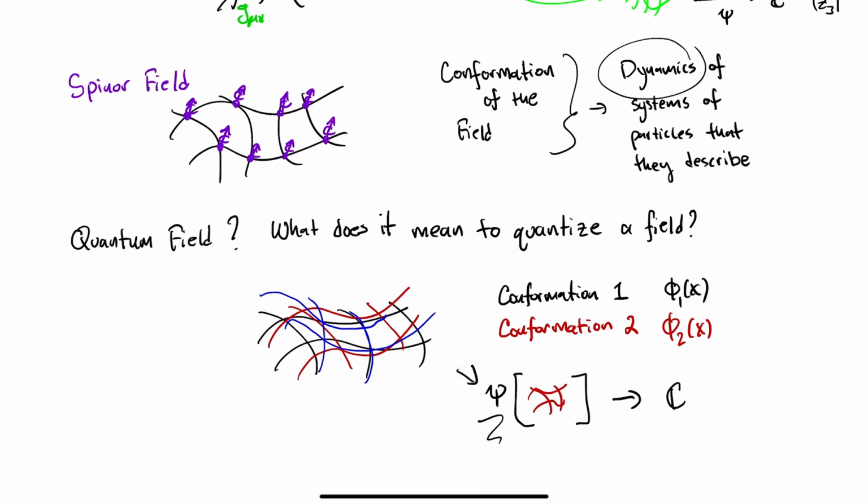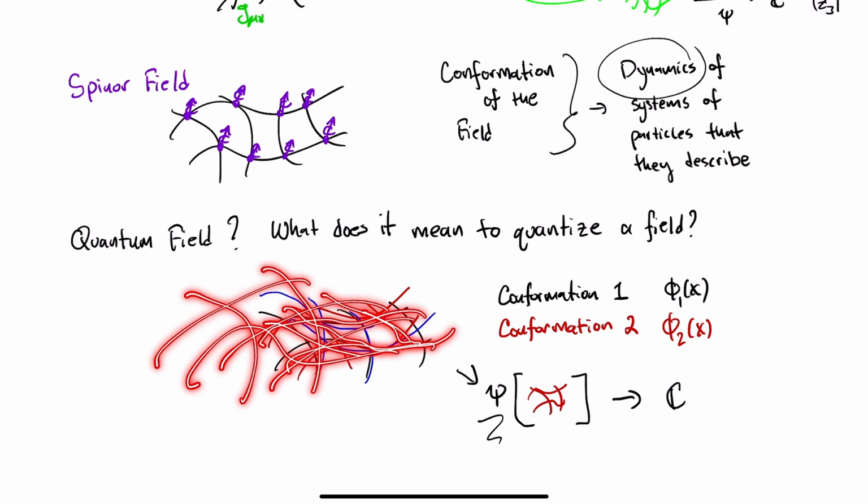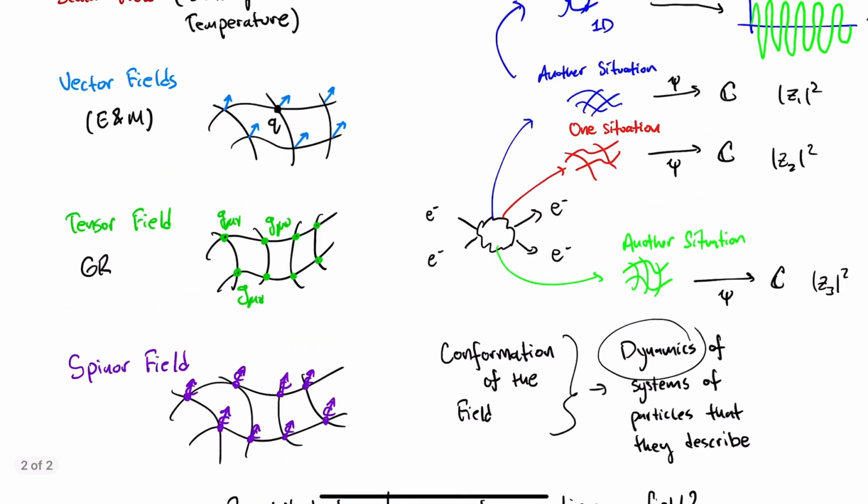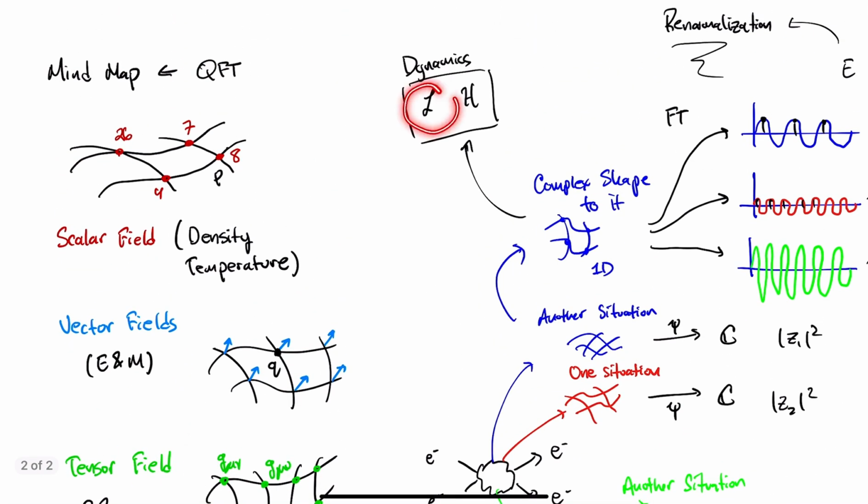We don't have one field like this. We have multiple fields. We have multiple field configurations, and they live all over the place. And we're going to map each field to a complex number, right? And the physics comes into play when we start attributing Lagrangians to define what these fields are going to look like.